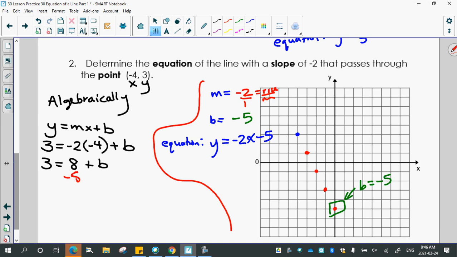Subtract 8 on both sides. And we do get b to be -5. And then I would have come over here, and then I would have had b, and then I could have written out my equation. So if they didn't give me a graph, I would have had to do it this way. Okay? Algebraically.